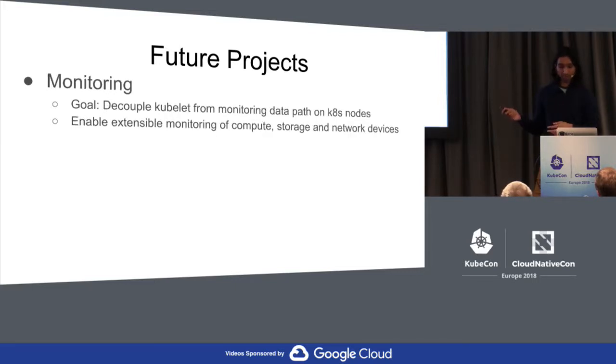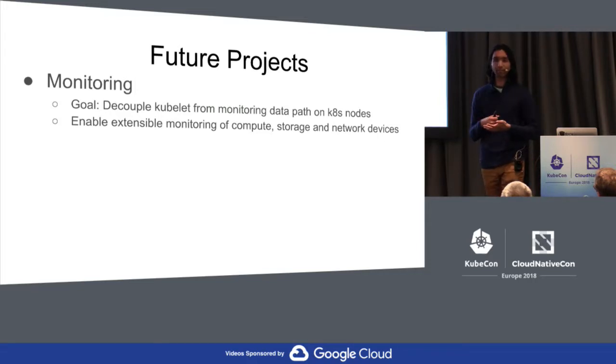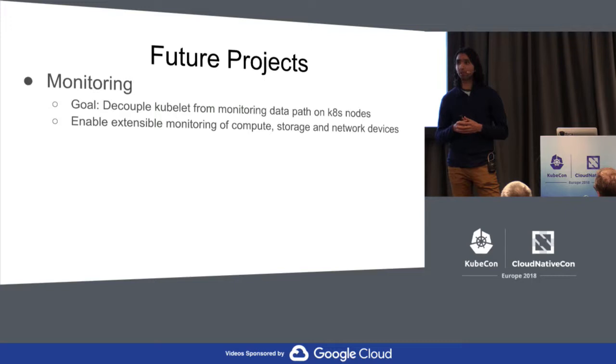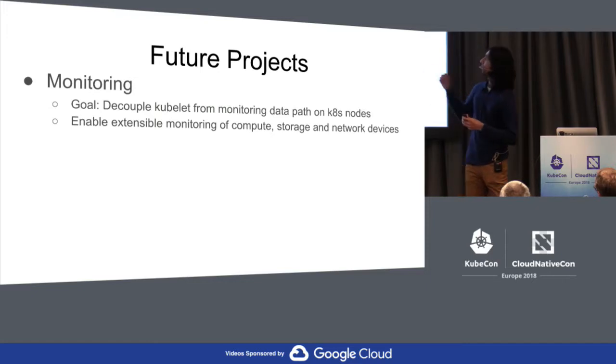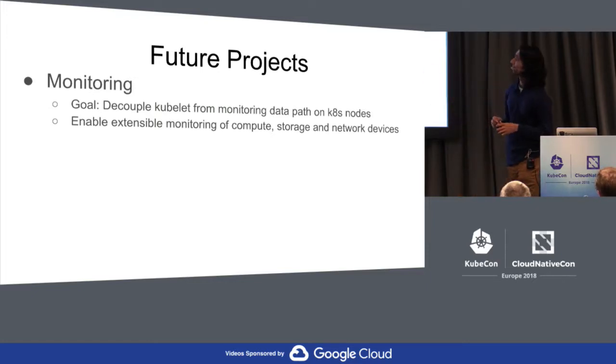And monitoring is another hot topic. Kubernetes is adding lots of extensions because it cannot scale to meet varied use cases ranging from different vendors and different users. We're focusing a lot on extensibility, but we don't have a good extensibility story for monitoring and logging today.